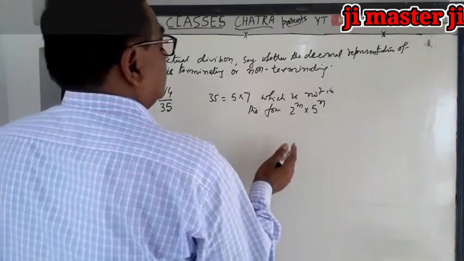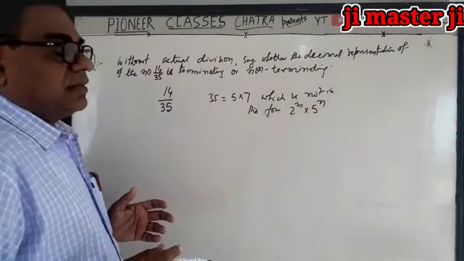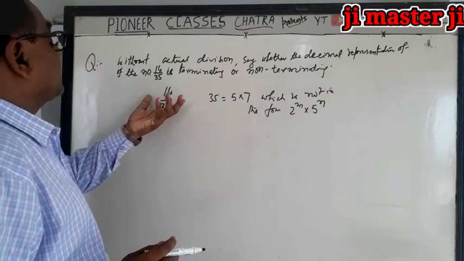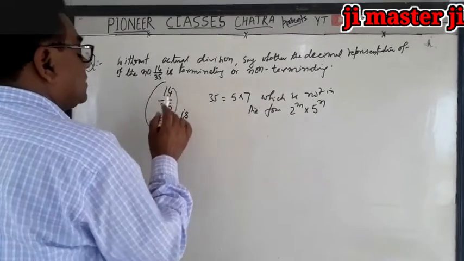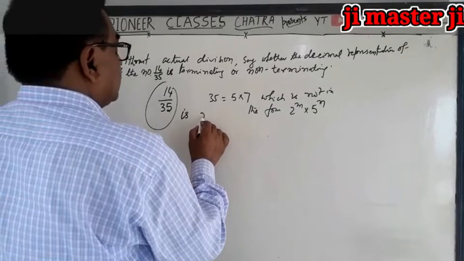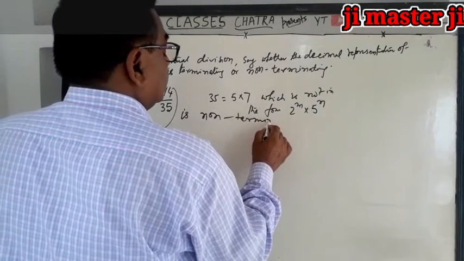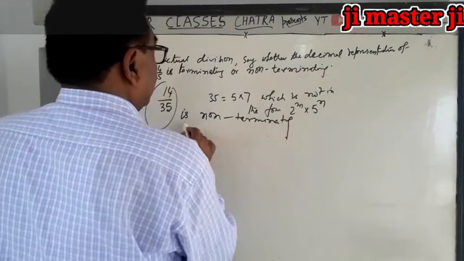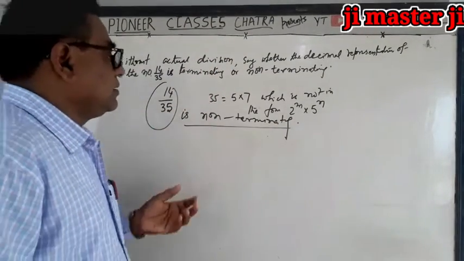So you will say the decimal representation of this number is non-terminating. Anyone can say simply.